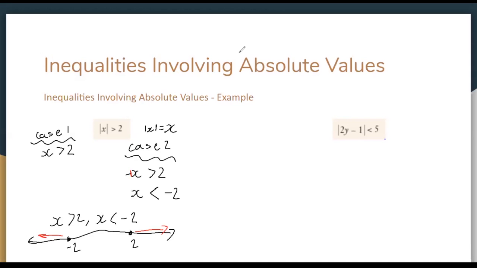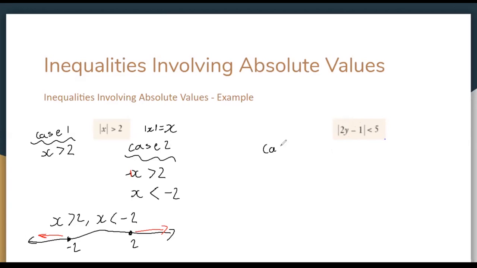So now let's consider our other example, which is slightly harder. So we have the absolute value of 2y minus 1 is less than 5. So again, we still have the two situations, one in which the thing inside of our absolute value is positive, and the other where it is negative.